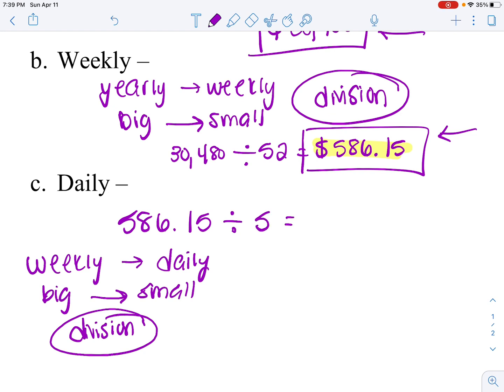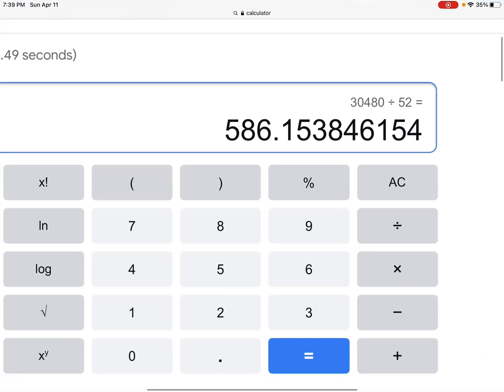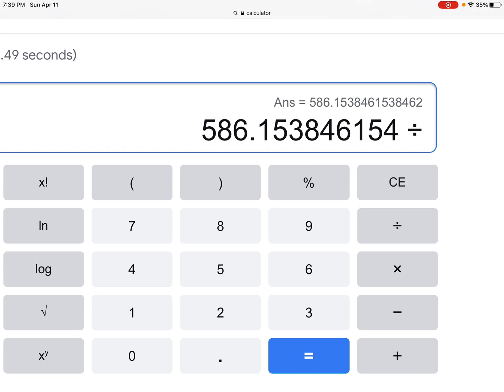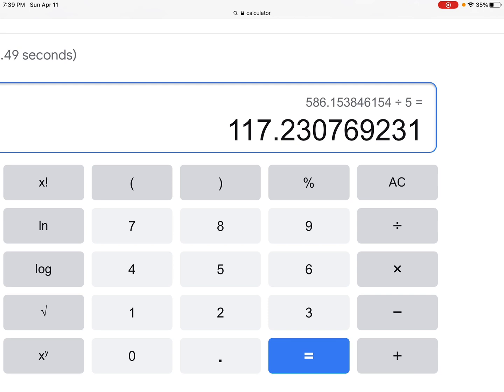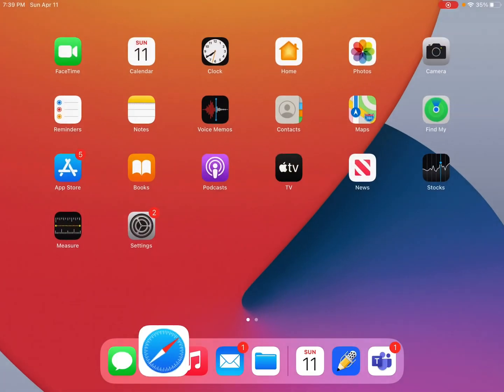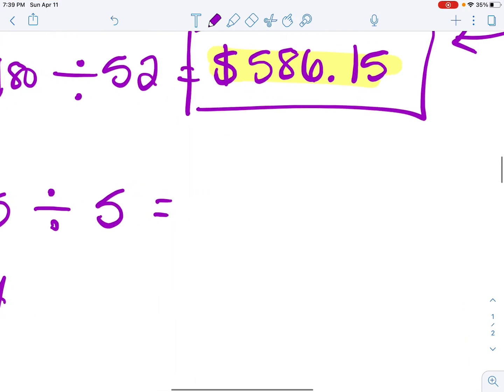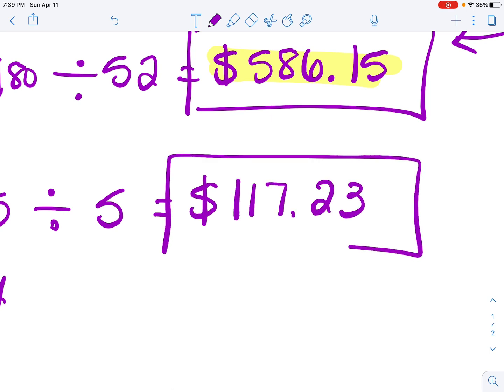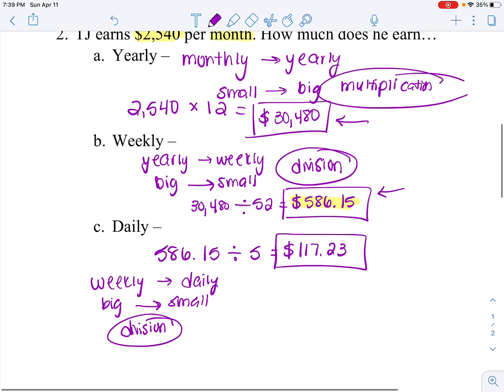So I'm going to run to my calculator one last time. Okay, the number was already there, so I'm just going to leave it. I'm going to click divide, and we're going to divide by 5. And again, a long number, but we're not going to write it all down. And this is our final answer. $117.23. And those are our answers.